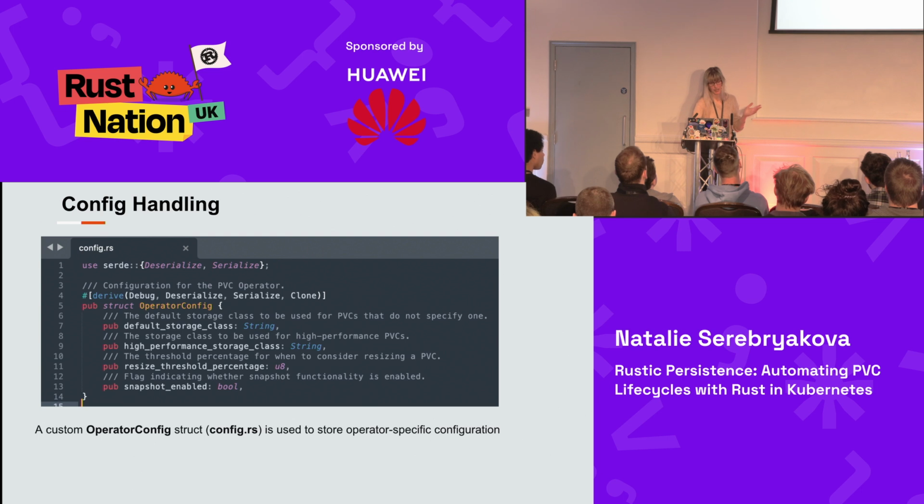Error handling is pretty simple. Config handling is pretty simple too. In my case, it's just a storage class. For performance, I can add a threshold percentage. What it means is, excuse me, I requested the volume size, and then in Kubernetes, different resources and different applications might also have different requests.